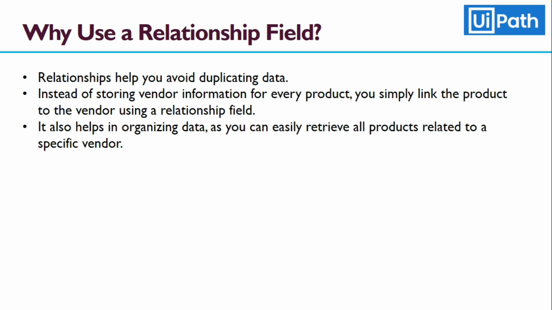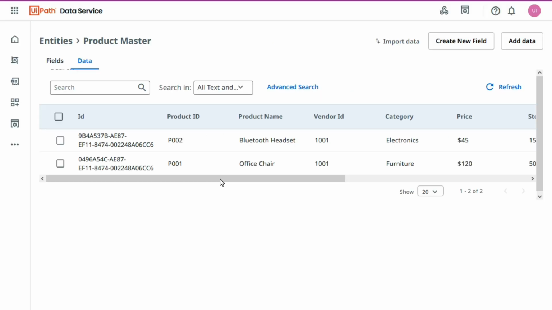It also helps in organizing data, as you can easily retrieve all products related to a specific vendor. As you can see here, we have linked this vendor ID to these two product IDs. So we can have multiple product IDs which are linked to one vendor ID.